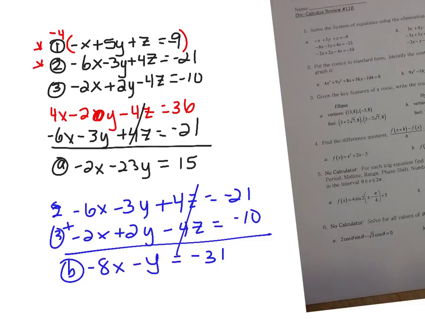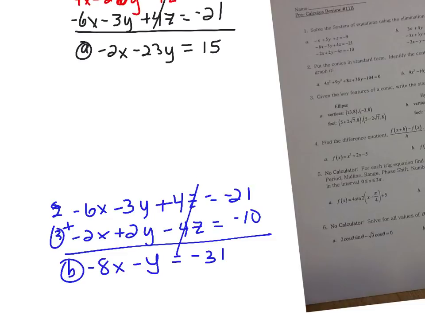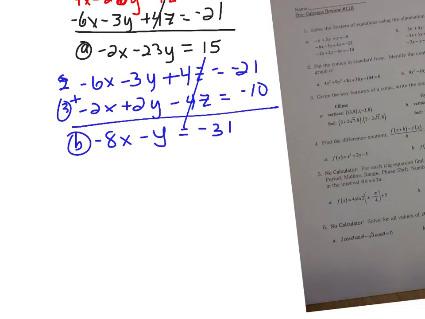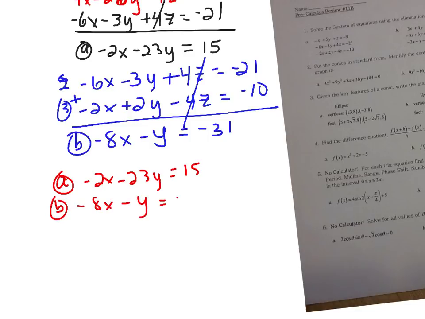So now I'm going to take equation A and equation B, and I'm going to put them together. So we have A is negative 2x minus 23y equals 15, and B is negative 8x minus y equals negative 31.